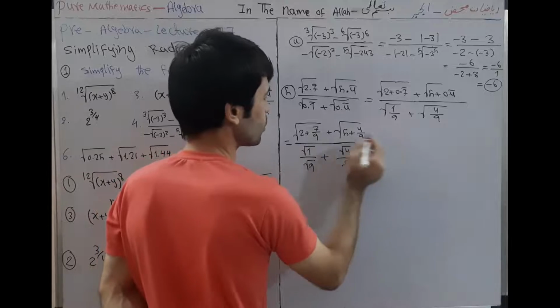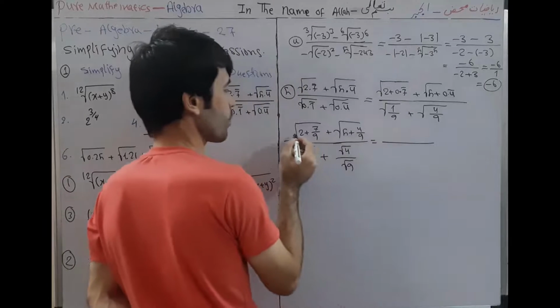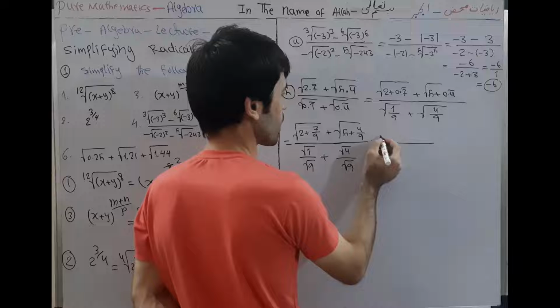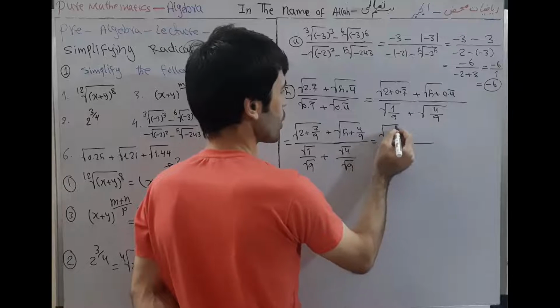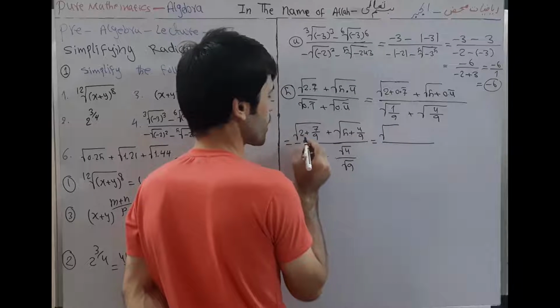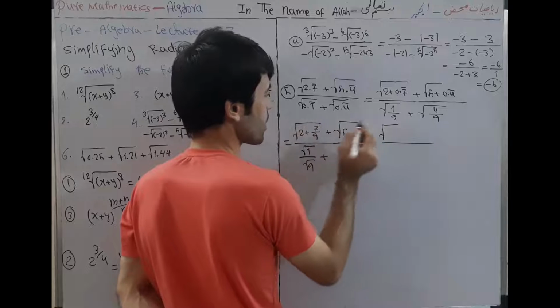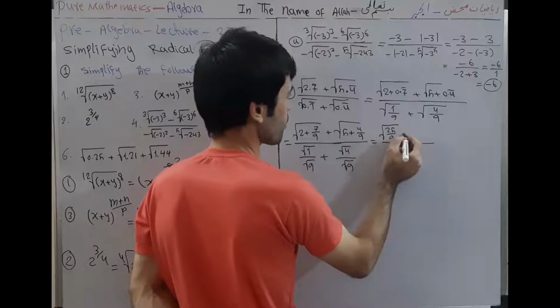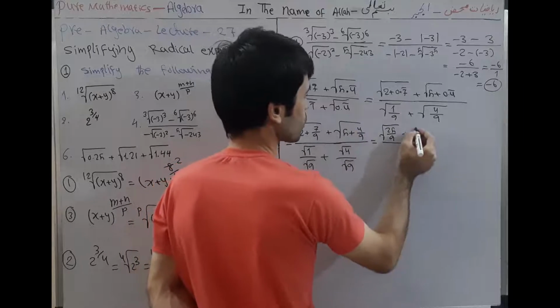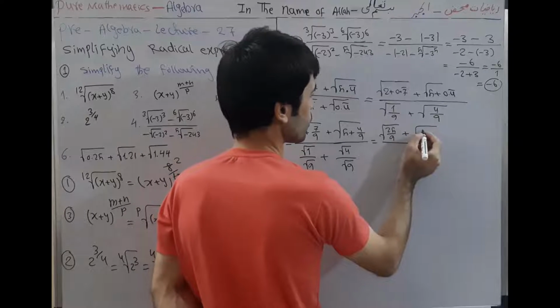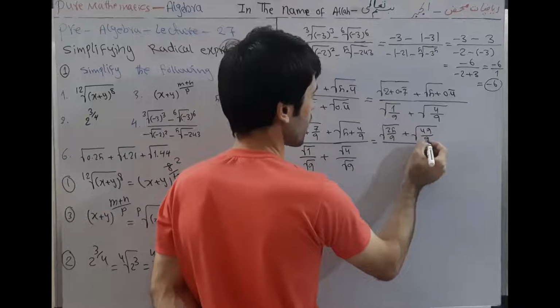If we simplify the numerator, we get the square root of 2 multiplied by 9, 18, plus 7, 25 over 9, plus the square root of 49 over 9.